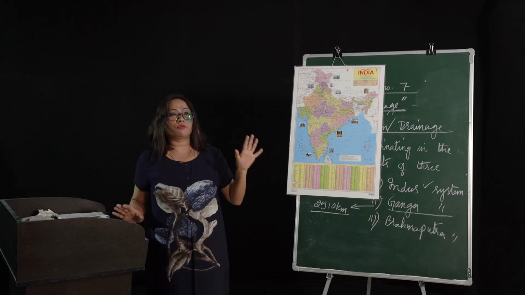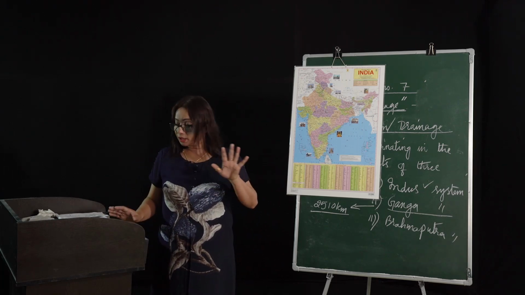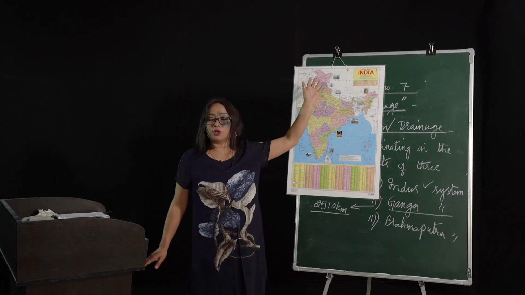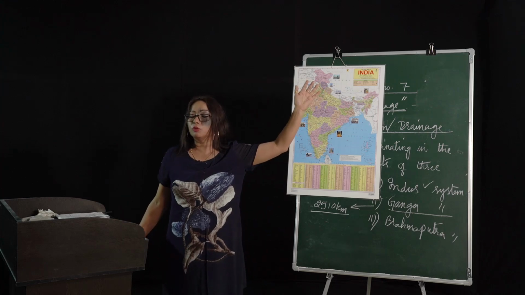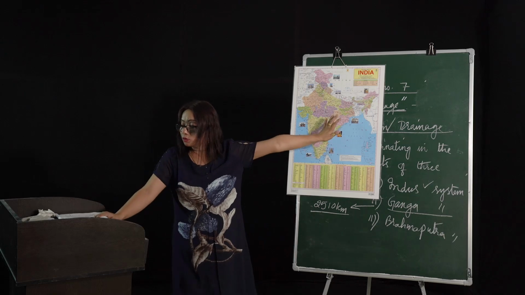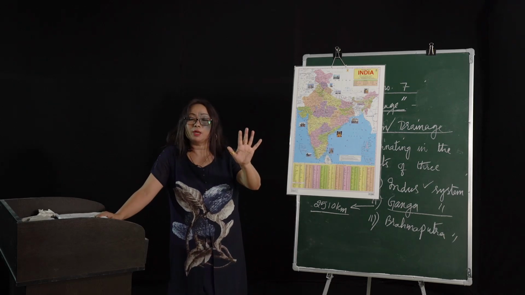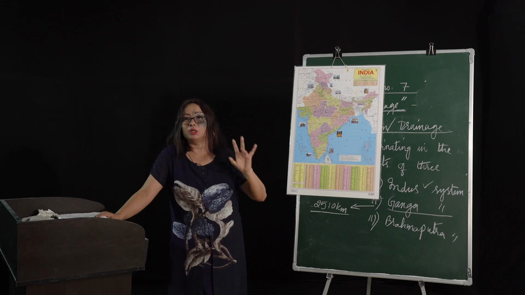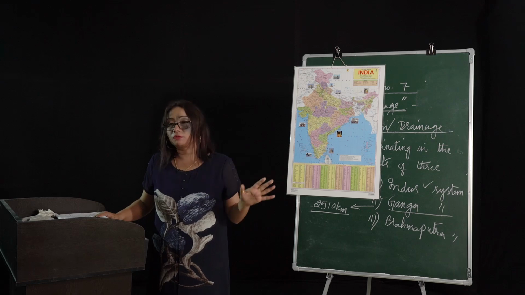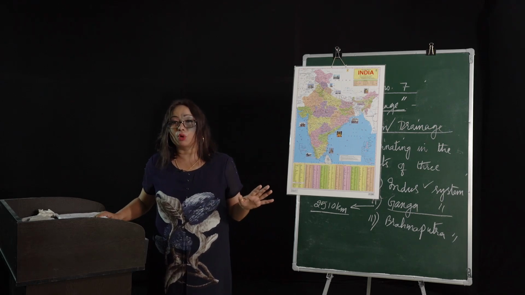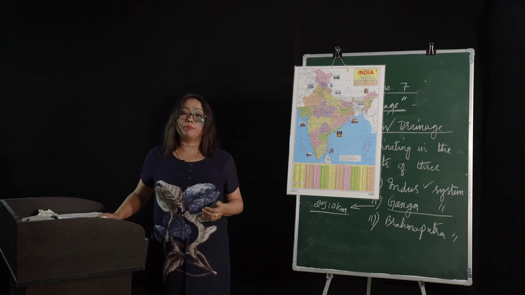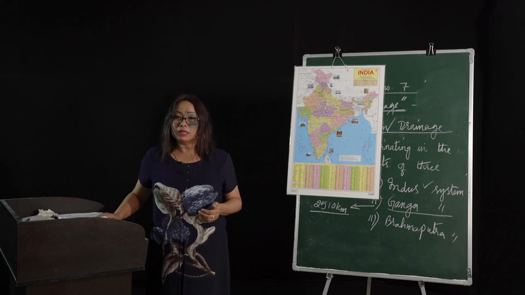Out of these 5, the Bhagirathi starts from a glacier. A glacier is the slow movement of big ice. The Bhagirathi originates from the Himalayan glacier called Gangotri, and the Alaknanda starts from the Himalayan peak of Nanda Devi.